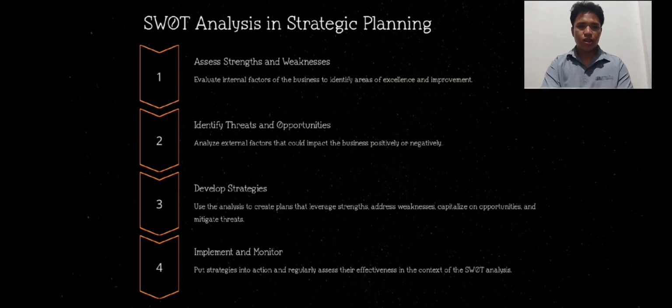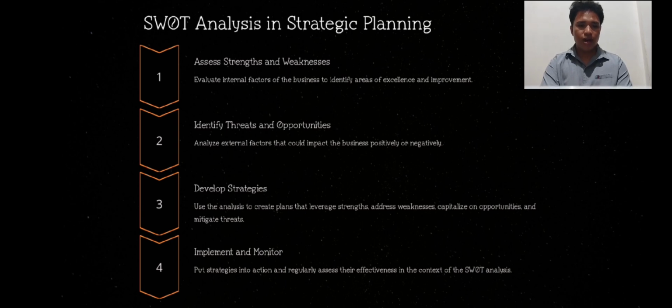Next is SWOT analysis in a strategic plan. First, assess strengths and weaknesses. Likewise, evaluate internal factors in the business to identify areas of excellence and improvement. Second, identify the threats and opportunities. Analyze external factors that could impact the business positively or negatively.